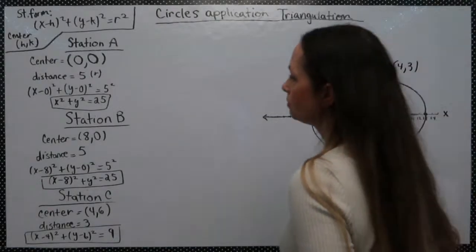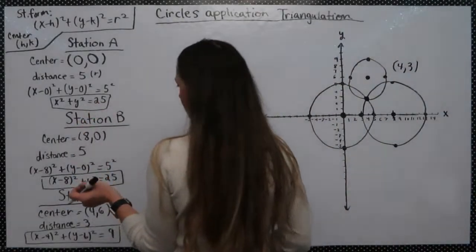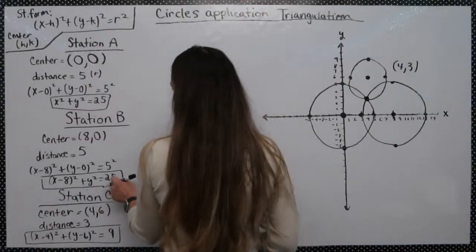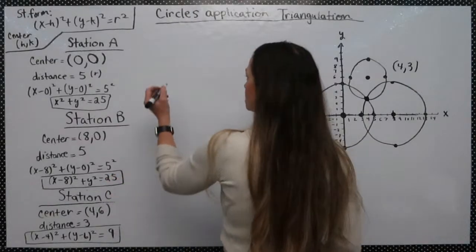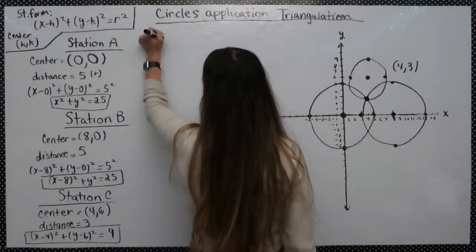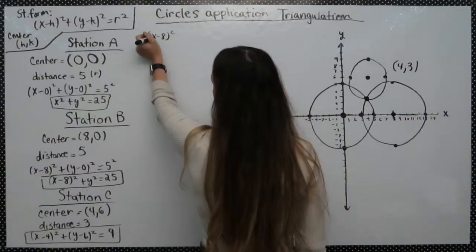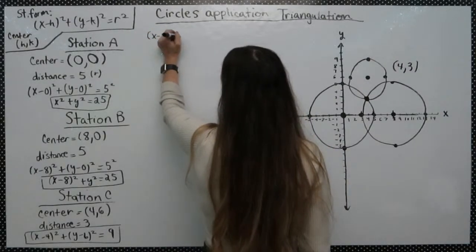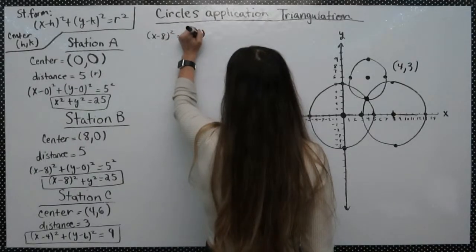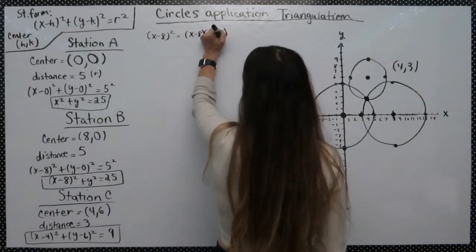Okay, so this one is already in general form. I don't have to worry about it, but this one I'm going to try to expand it out a little bit more. So I'm going to figure out what (x - 8)² is. And that is just (x - 8)(x - 8).